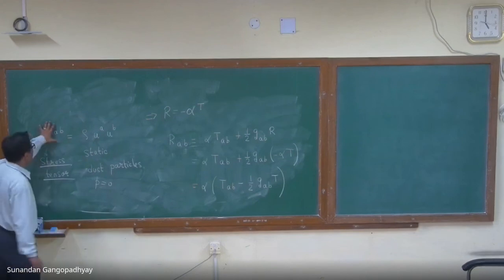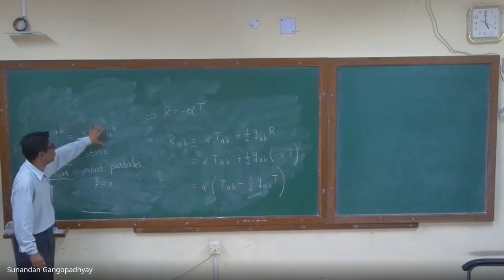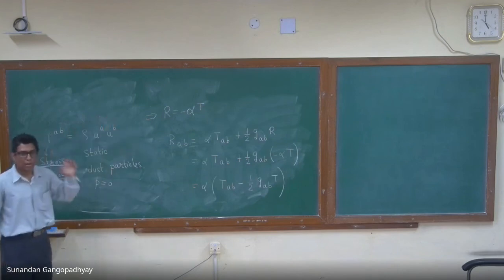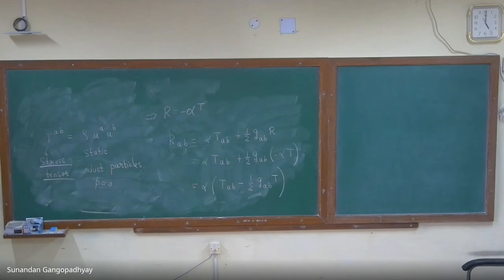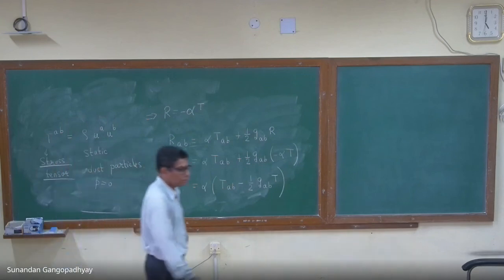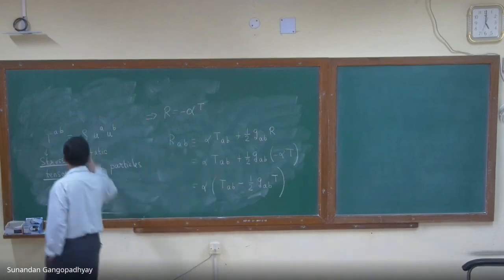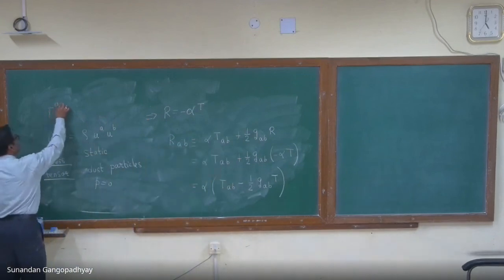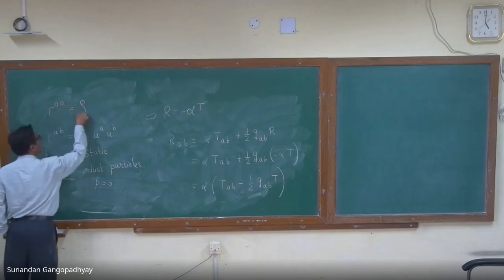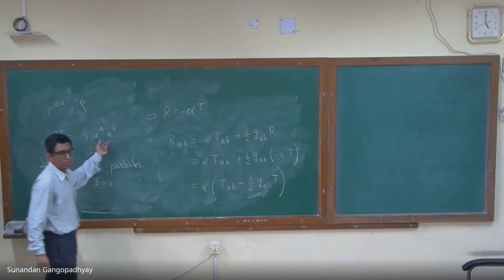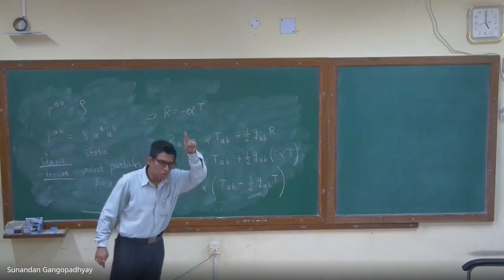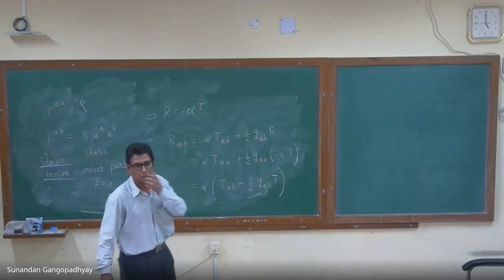And you can see that T_00 is basically rho U_0 U_0, and you can identify why T_00 is equal to rho. From here, you can immediately see that T_00, why? Because you want these velocities to be normalized. So U^0 is 1.